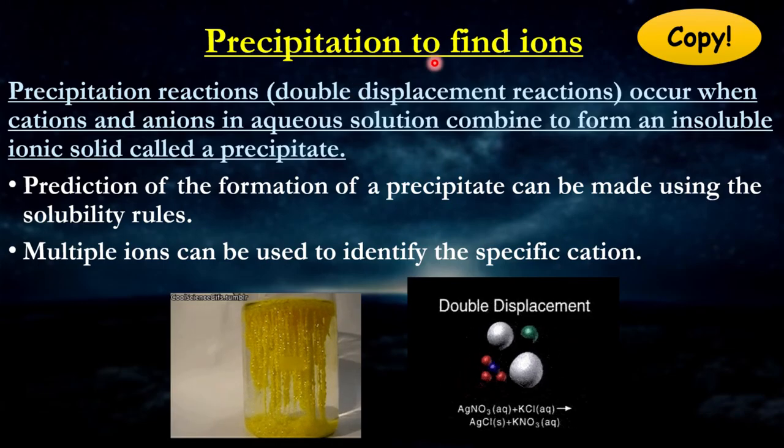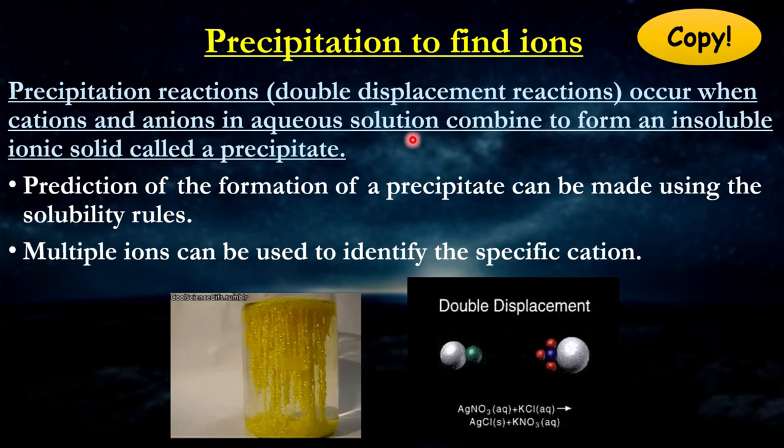So what's the value of precipitation reactions? Precipitation reactions, also known as double displacement reactions, occur when the cations and anions in an aqueous solution form an insoluble ionic solid called a precipitate. Now, each ion has its own specific formation of a precipitate combination.